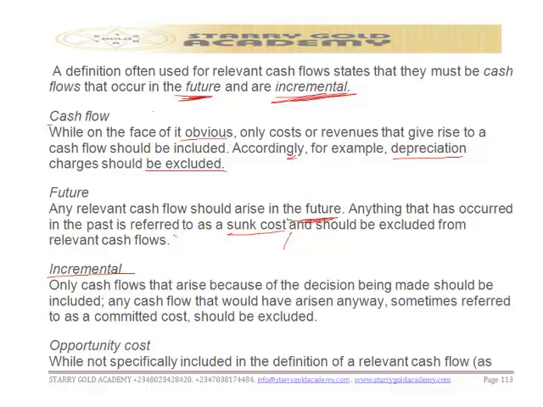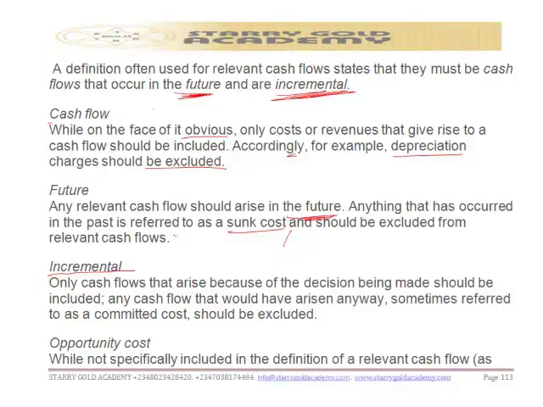Committed cost should be excluded. But the cash flow that arises as a result of the decision you made is included. Committed cost is another form of sunk cost. It needs to be excluded.